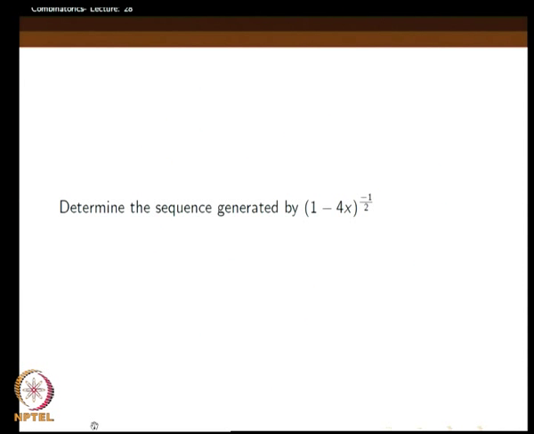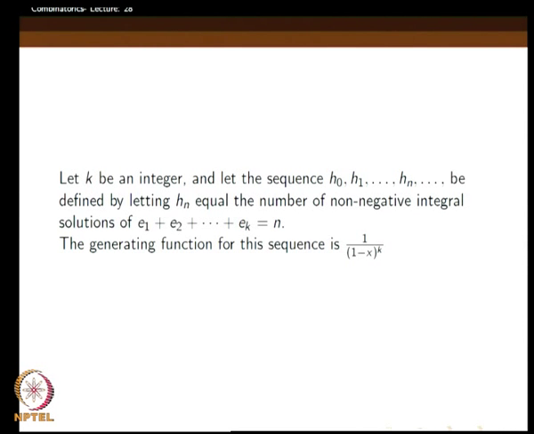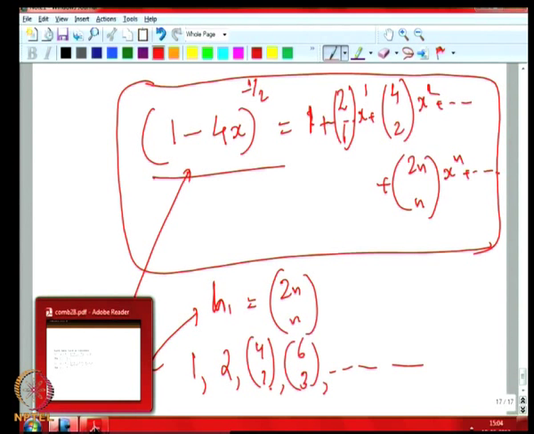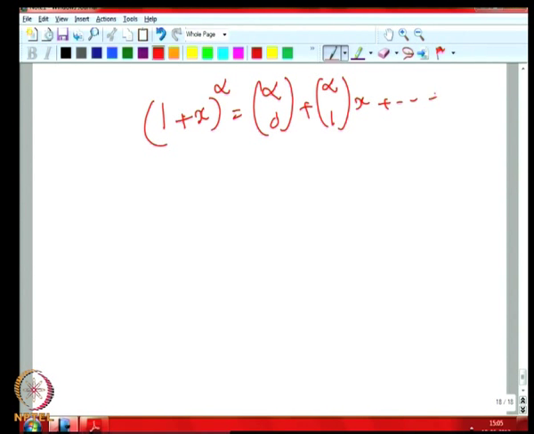Now, let us look at some basics. Now that we have mentioned the general form, these are some special cases, 1 minus r x to the power minus k. We can always derive it from the general form, namely 1 plus x to the power alpha equal to alpha choose 0 plus alpha choose 1 x plus alpha choose n x raised to n form.